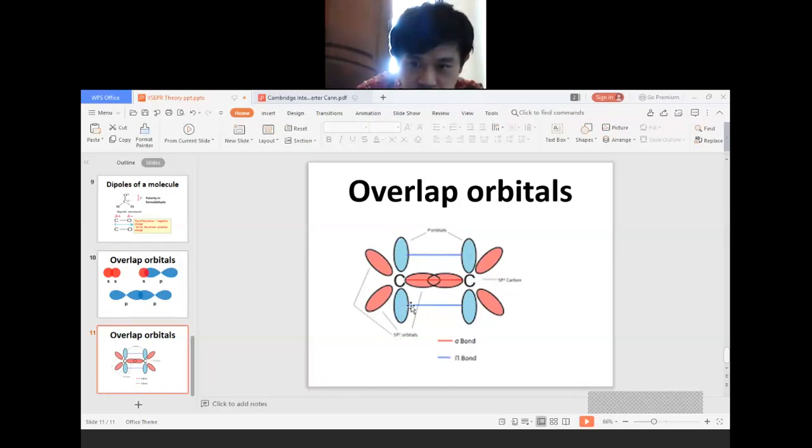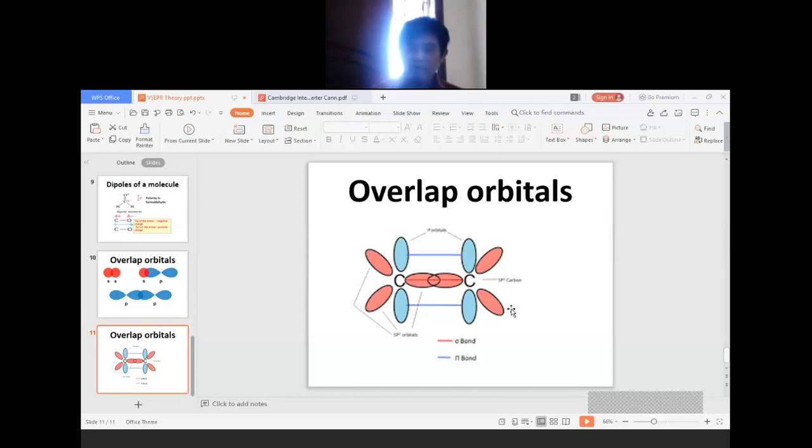This one, the blue one, is called the pi bond. How come there are two pi bonds? It does not have two pi bonds. It has only one pi bond. Why the diagram two? We have to remember that in p orbitals there is px, py, and pz.